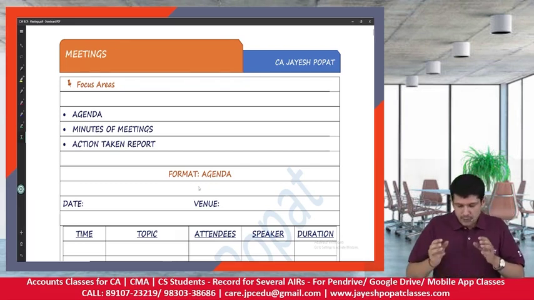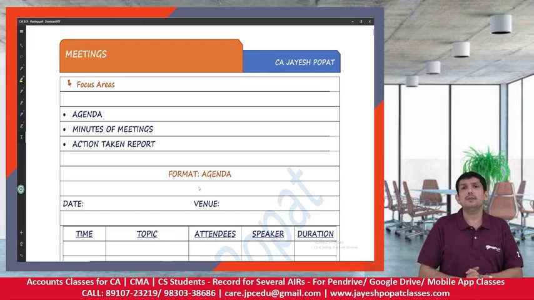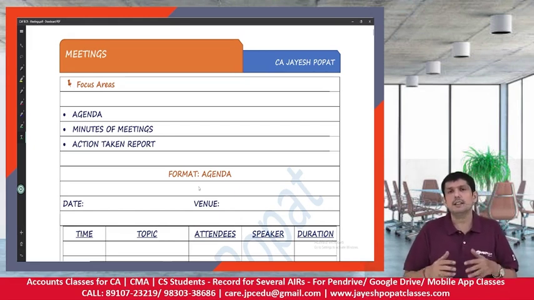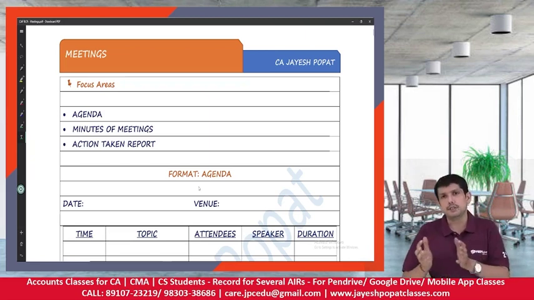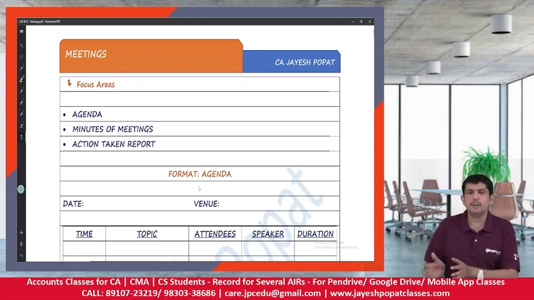And second, there could be a variety of topics asked in the exam. So you need to put yourself into the shoes of the person who is either calling the meeting or who is responsible for drafting the agenda of the meeting, or the minutes of the meeting, or the action taken report.